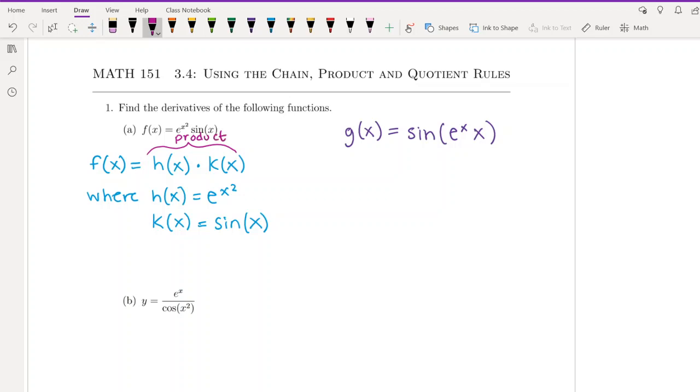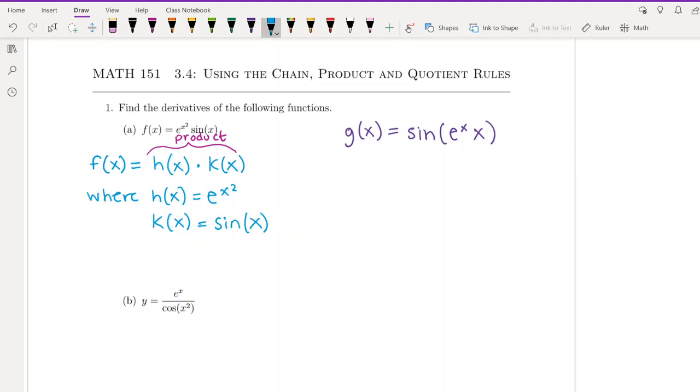And so I'll go through this example in more detail in a second, but again, the most important thing is deciding what you're going to do first. In this case, because we can find two functions that when you multiply them together, you get f of x, that's what tells us it's a product. So let's see what happens if we try to do something similar over here.